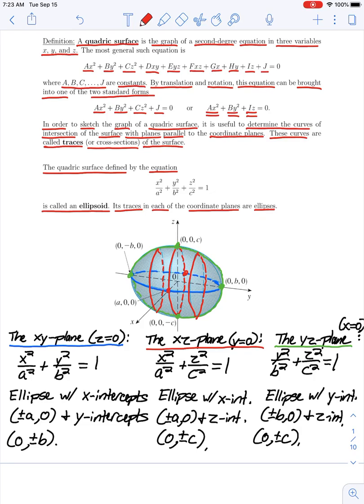And similarly, we would have ellipses in these other cross sections parallel to these other planes. So visualizing our traces for these surfaces as ellipses, we can visualize what our surface looks like. And this sort of surface, which was sketched here, is called an ellipsoid.